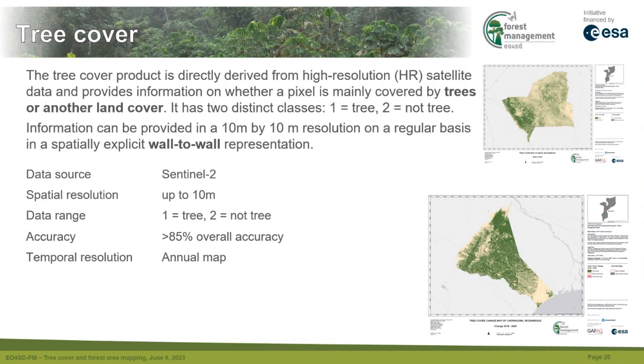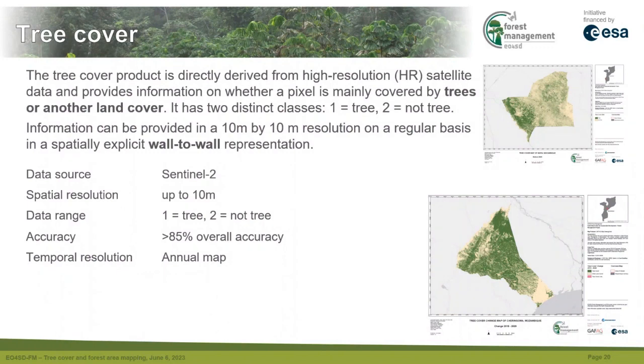So tree cover. As I mentioned already, tree cover is the distribution and extent of tree cover within a specific region. Here you can see the product we delivered during phase 1. This is the tree cover map in Mozambique, two different regions. You can see this is derived from Sentinel-2, and the product has 10 by 10 meter resolution. Each pixel is either tree or non-tree.